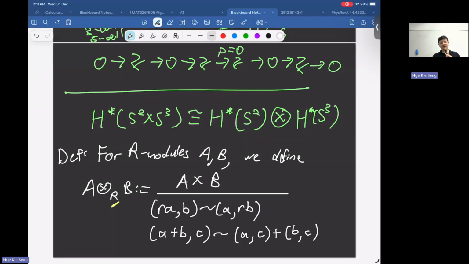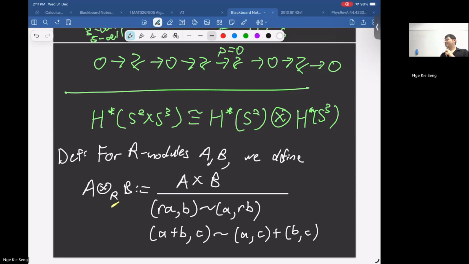Anything else I need to take care of? I think that's it, right? Is it not implied by this? Okay, sure. A tensor (B plus C) equals A tensor B plus A tensor C. I think it's enough.